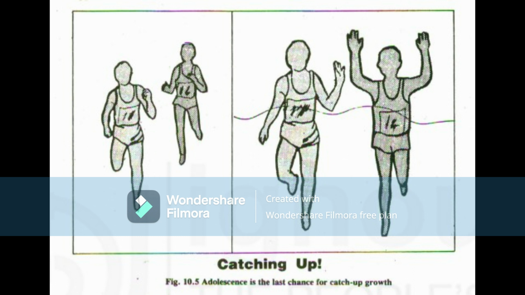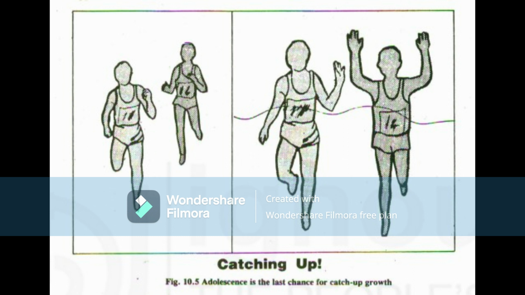Here, as you would have noticed by now, the first individual represents a person undergoing growth at the normal pace. The second represents an individual who lagged behind in growth initially but caught up later on. See Figure 10.5. Adolescence is the last chance for catch-up growth. Look at the screen for table content.